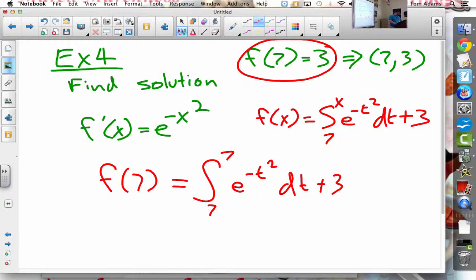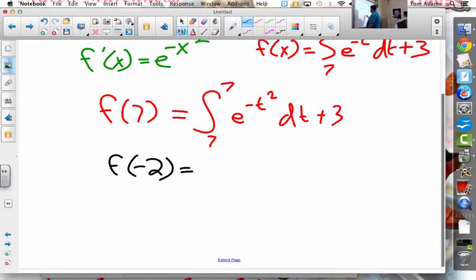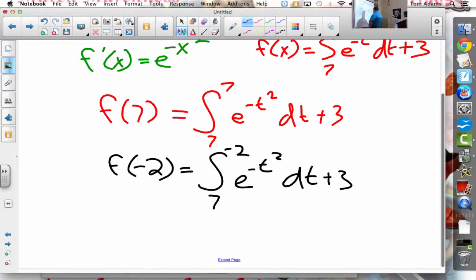So I could arbitrarily choose any number that I want to evaluate that upper end. For example, the textbook says, well, why don't we do this? If that's the case, then f of negative 2 should equal the integral from 7 to negative 2 of e to the negative t squared dt plus 3.